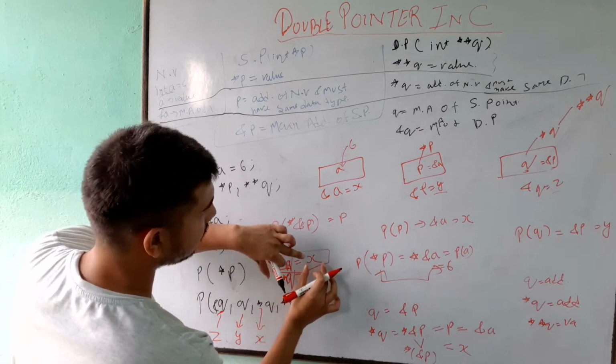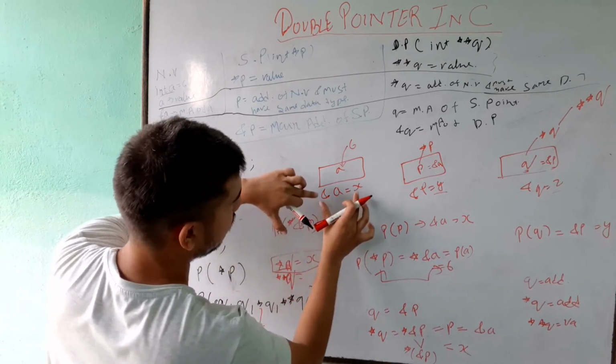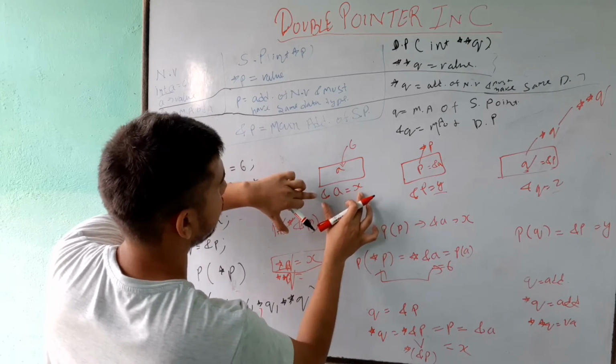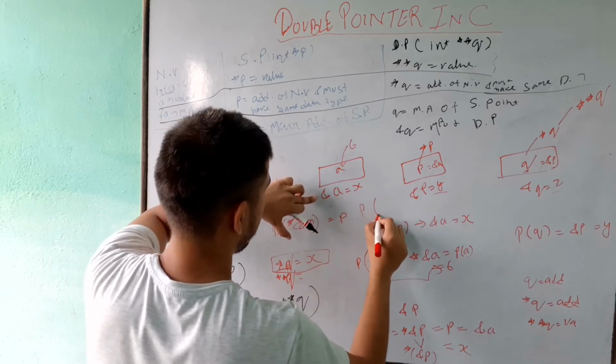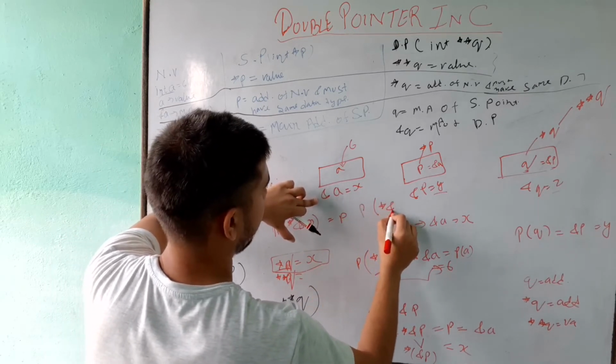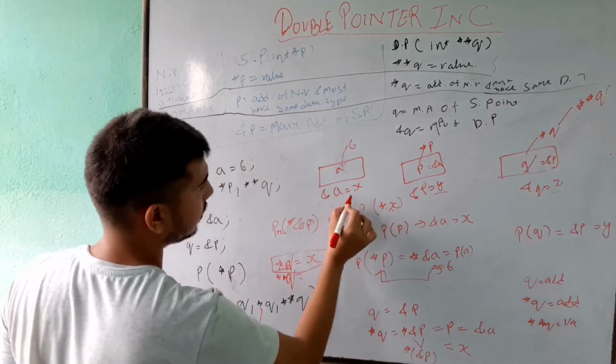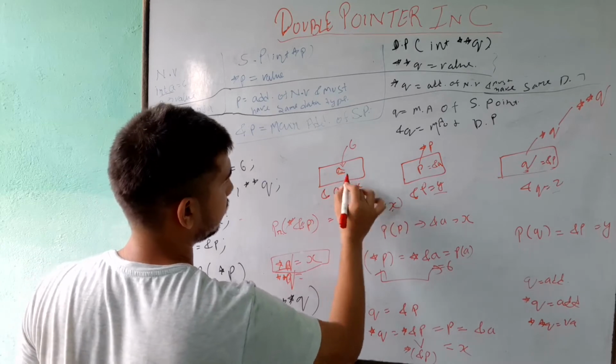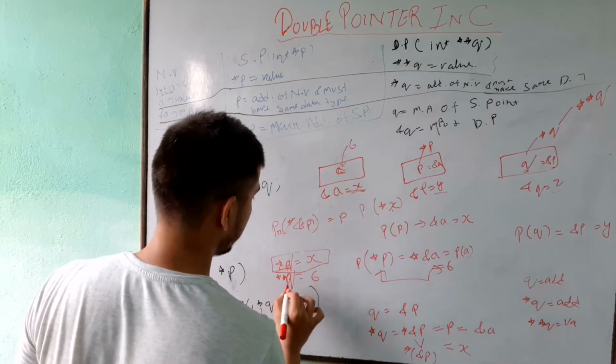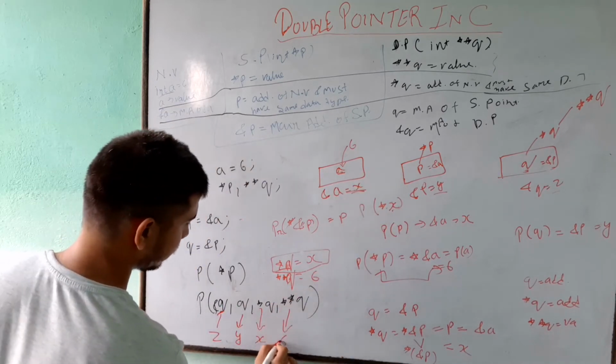Now what is the value present in address x? We present here a, so what will it give? 6. Double asterisk q will become 6, okay.